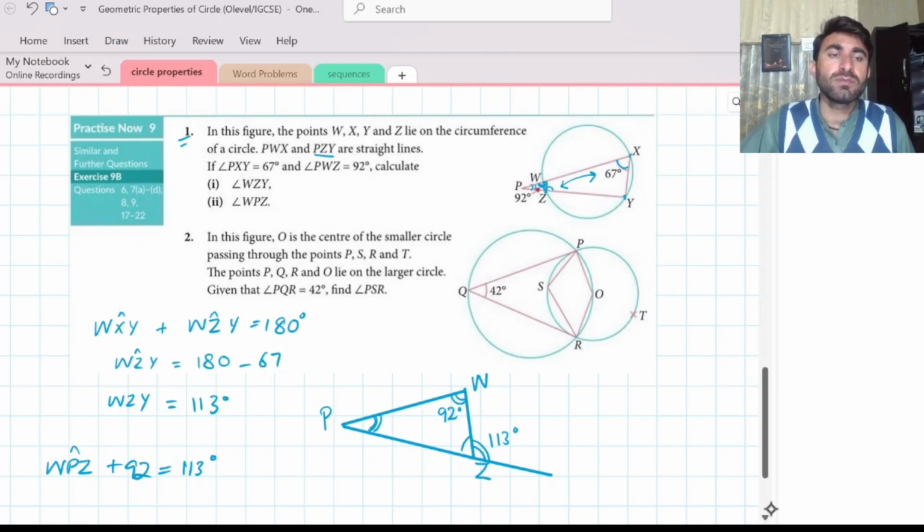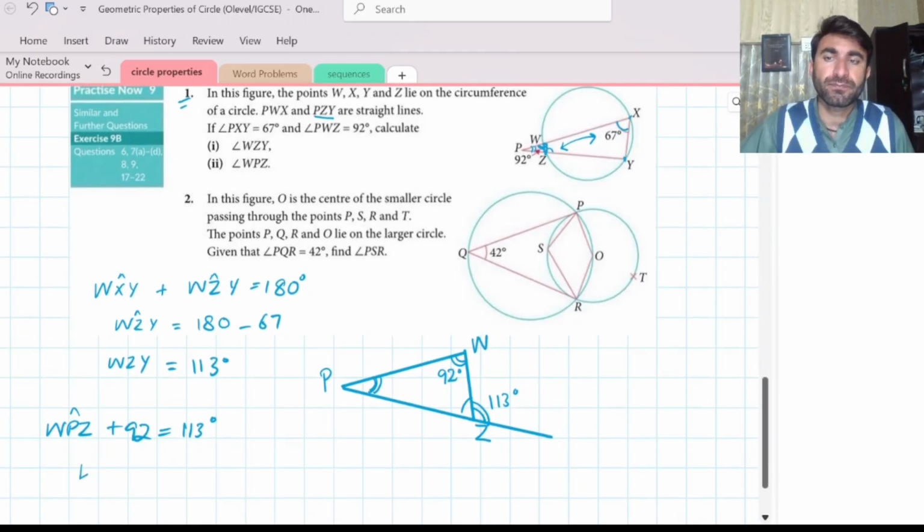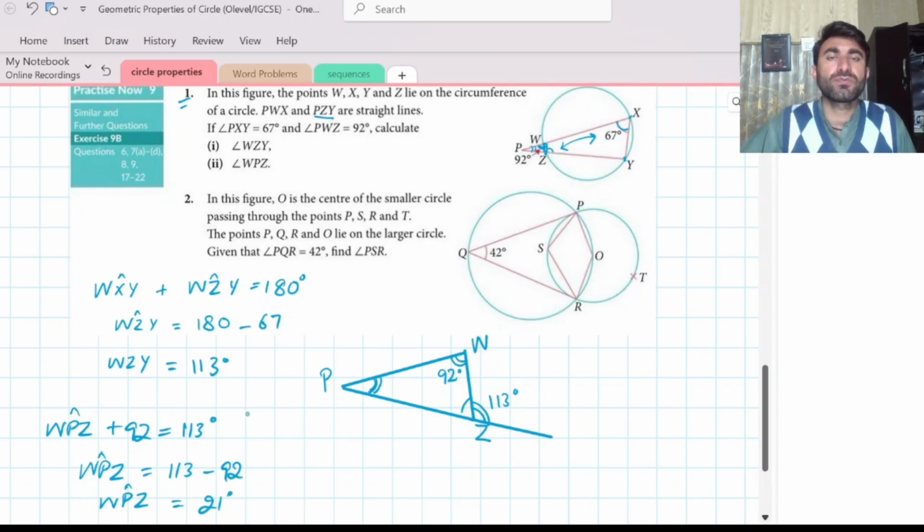So WPZ must be 113 minus 92, which is 21 degrees. So WPZ is 21 degrees. So this was the first practice. Now let us discuss the second practice.